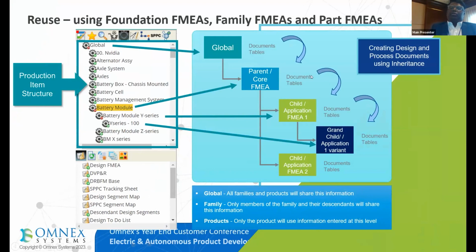So if I have, say, for example, a battery module, and I'm making different variants of that, and I have part numbers specific to that, I should be able to learn from the best-in-class design and best-in-class process, and be able to reuse that information between families of family and part numbers. Okay, so it's the reuse of requirements, it's a reuse of failures, it's a reuse of preventive and detective controls, all that already built in.